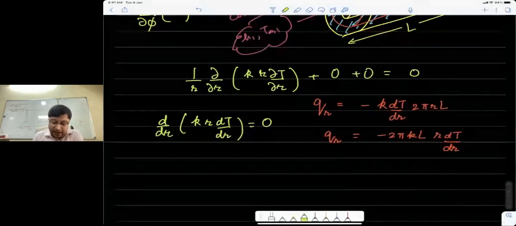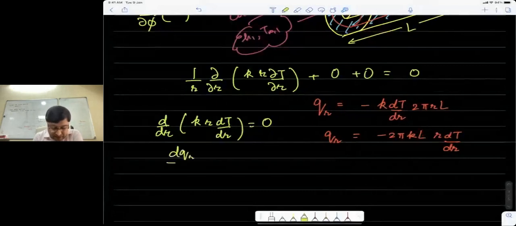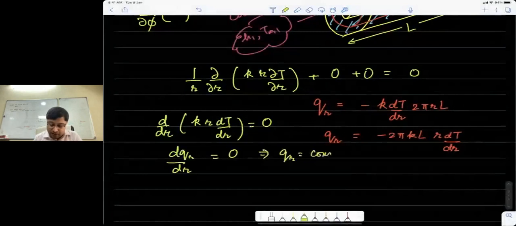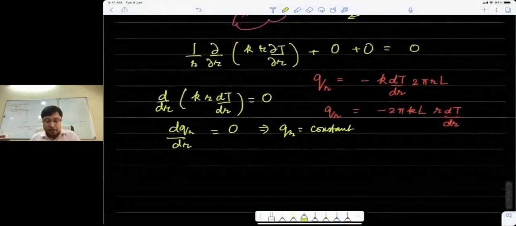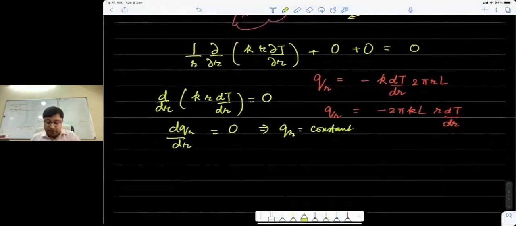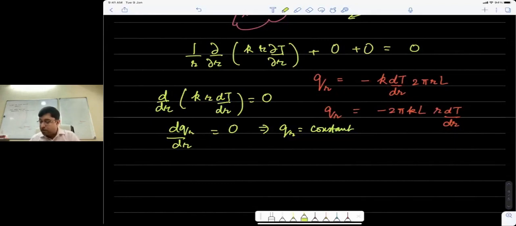So basically, in a way, with the other quantities being constants, it's saying that dqr dr is 0, which is what we should expect, and so that means that qr is a constant. So the rate of heat flow has to be constant. It's logical. There is no heat generation, so whatever comes into a section has to go out. So in is equal to out is what is defined by qr equal to constant.